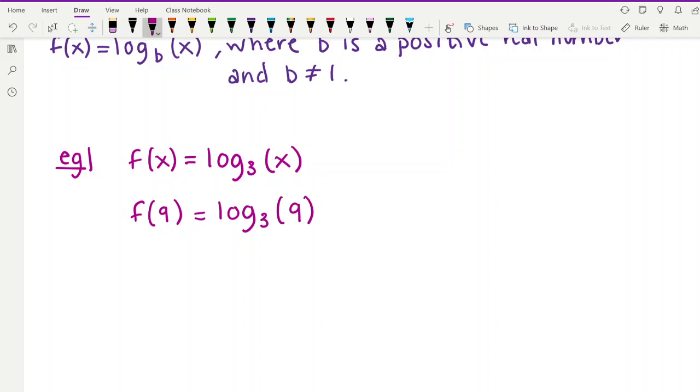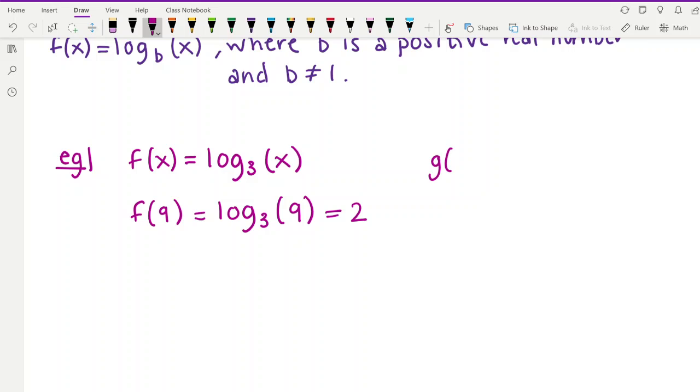And we learned how to evaluate things like this in our last video, right? And so log base 3 of 9 is just asking you what power do you have to raise 3 to get 9? And the answer is 2. And so for the function log base 3 of x, if the input is 9, the output is 2, and so the graph of this function would contain the point (9, 2).